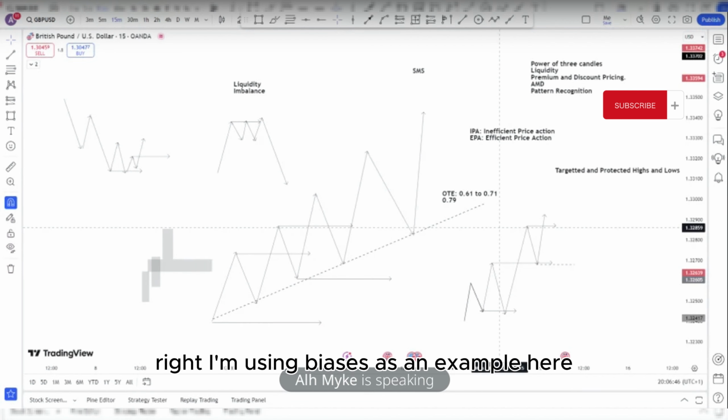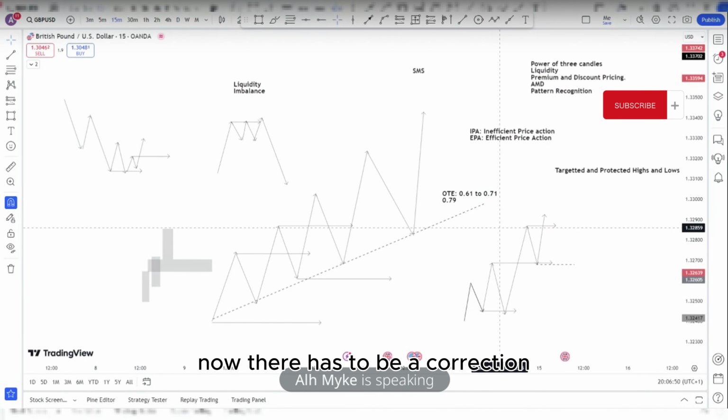I'm using buy as an example here. This applies to both buy and sell scenarios. Now there has to be a correction, and this correction has to run at least into 50% of the previous structure. I believe I mentioned that yesterday, 50% of the previous structure.